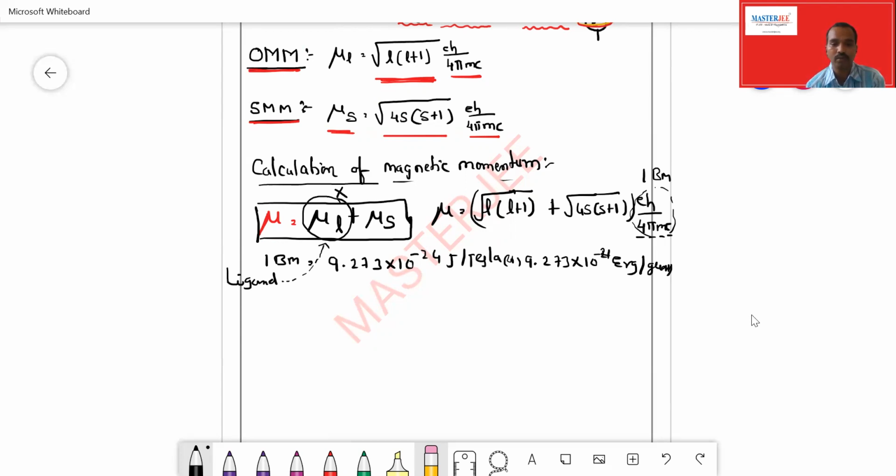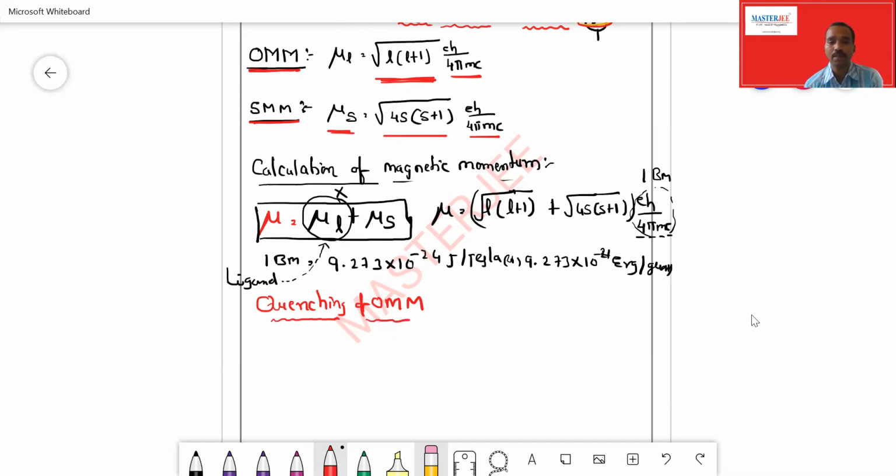Once again, in the complexes, whenever the ligand approaches the central metal atom, the orbital magnetic momentum of the central metal atom gets arrested. That is called quenching of orbital magnetic momentum.